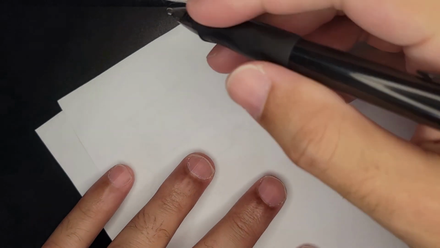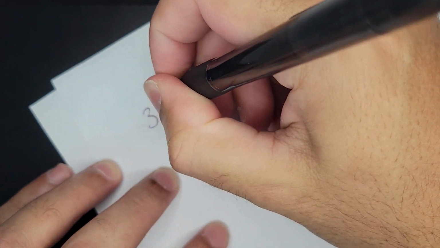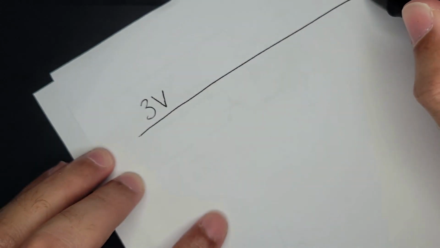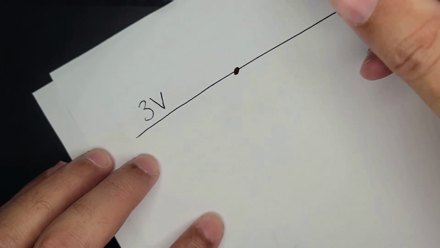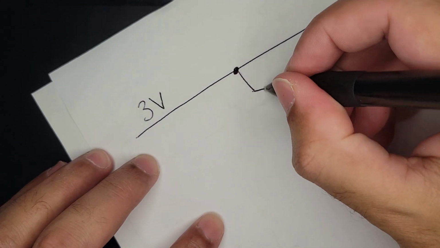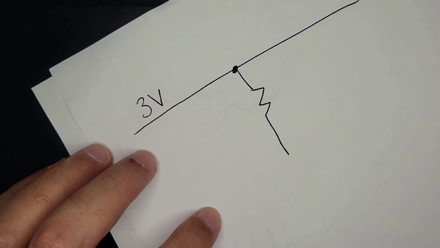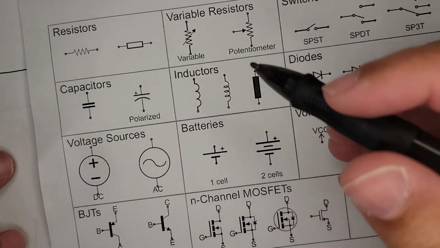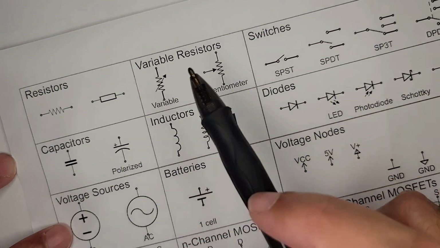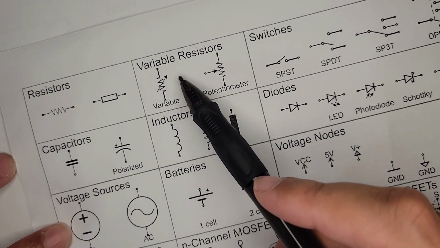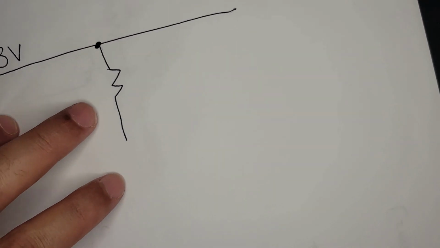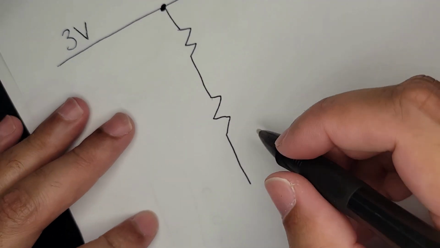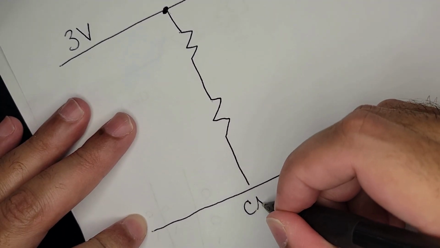So we know that in a series, if we have, in my case, 3 volts, and let's say this is the 3 volt line, and we connect to a resistor, and then another resistor, and then we go to ground, G-N-D.